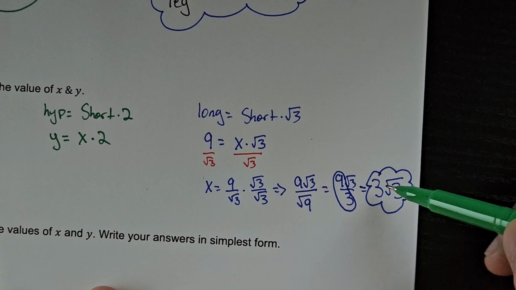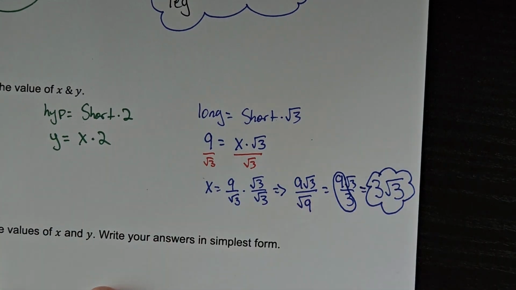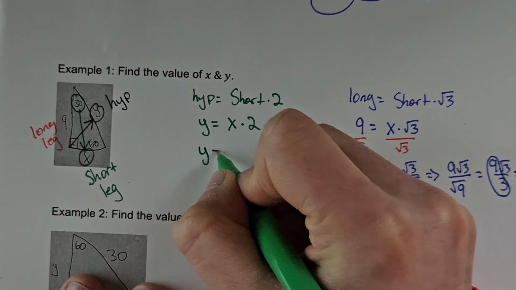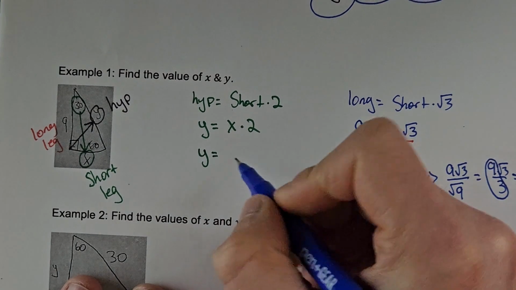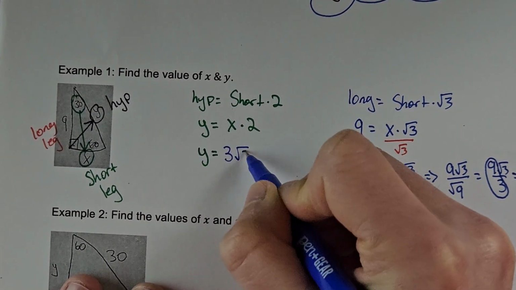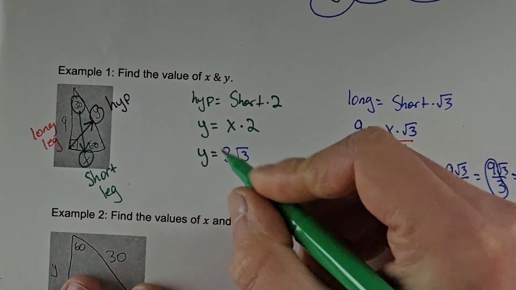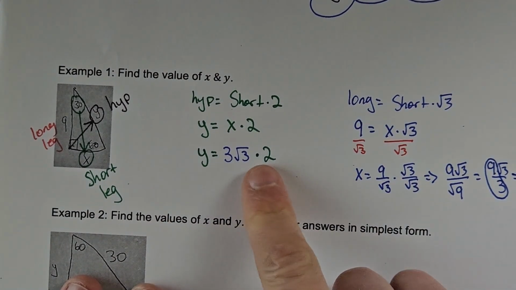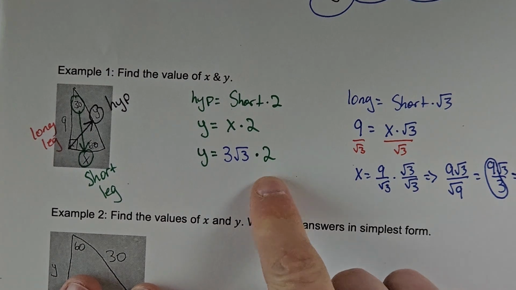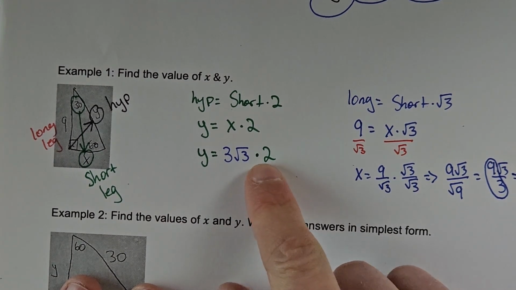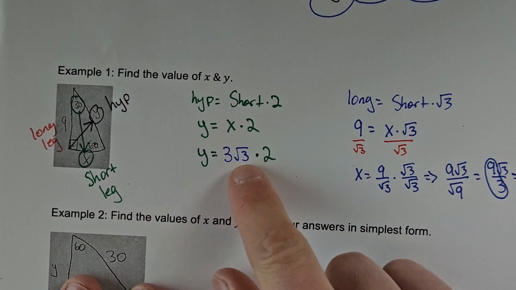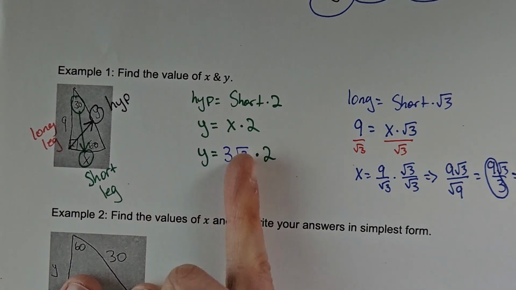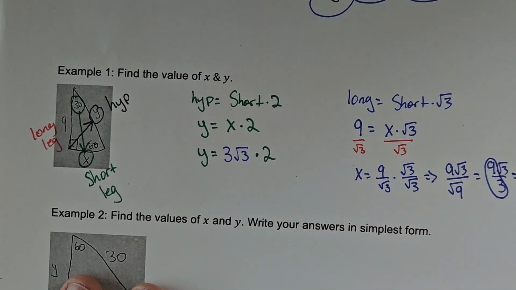Now with that x value, 3 square root of 3, I can find out what the hypotenuse is. So plugging in that information, I have y is equal to 3 square root of 3 times 2. And remember, this 2 is outside of a square root, so it's not over a square root. That means we're not going to have to multiply it with this square root of 3. It'd just be multiplying with that 3 on the outside.